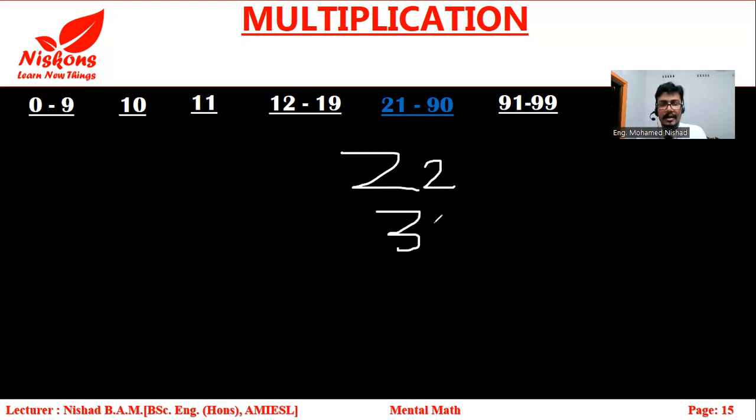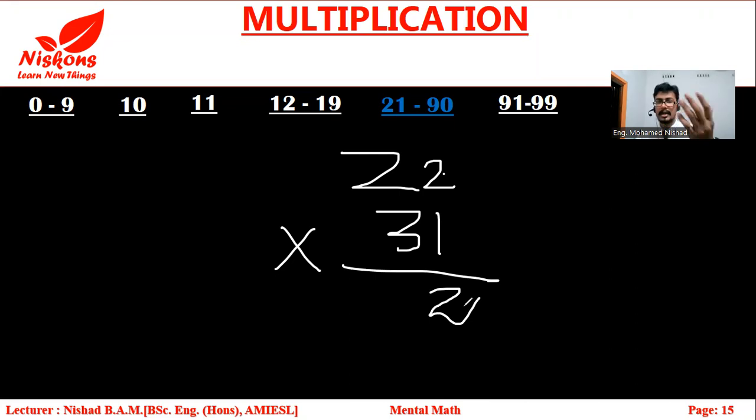22 multiplied by 31. The answer will start with 2 times 1, that will be equal to 2. And then we have to cross multiply those numbers. Like 2 will be multiplied by 1, that will be equal to 2. I am writing this, but you don't have to write.